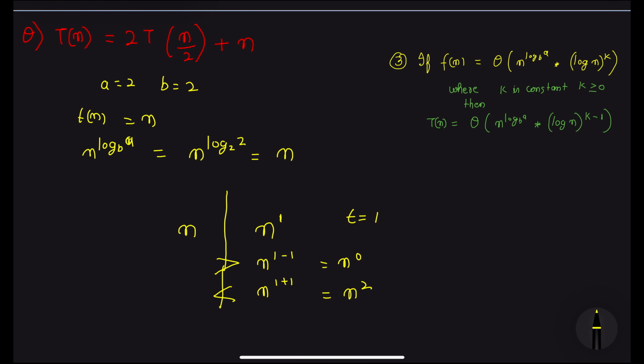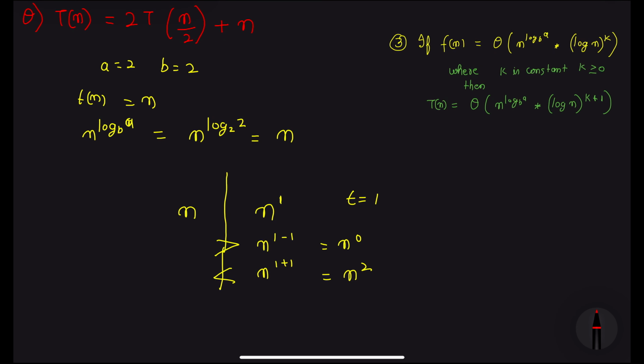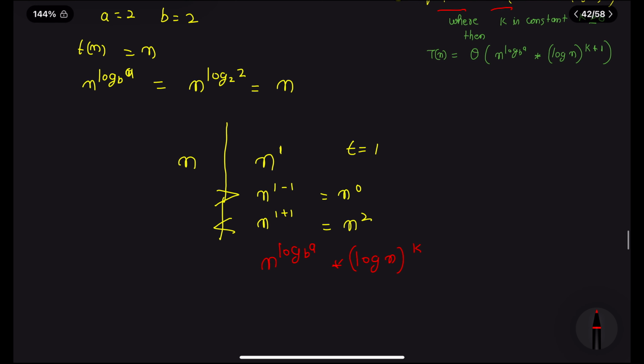So we will have to look at condition 3 now. Let's see if we can apply the third condition, which is f(n) equal to Theta of n^(log_b a) into (log n)^k. Here n^(log_b a) is n, and into log n to the power 0, so this will become equal to n.